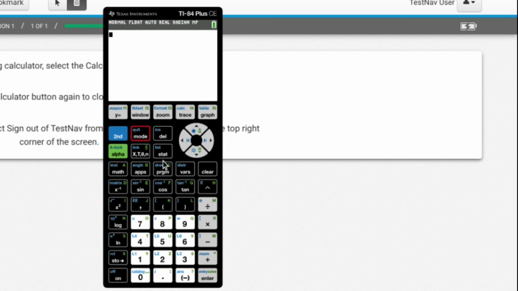Second mode. Stat, calc, LinReg. So hit 4, hit enter a bunch of times, and this calculates out to y equals 4x minus 1.4. Okay?